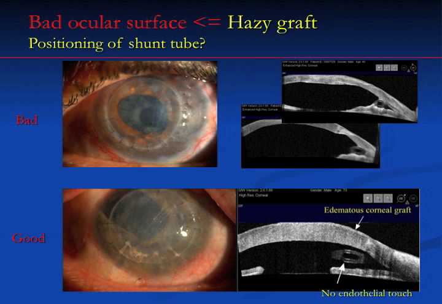As you can see over here, the hazy cornea was due to the fact that there was touch between the tube and the endothelium. But over here, this was not a problem, and it was diffuse haziness, irregular surface, very bad tear film, and we wanted to do something in order to improve that ocular surface. The tube was well visualized in all meridians, and there was no corneal touch, so we eliminated this possible etiology.